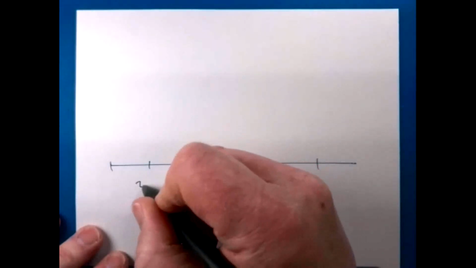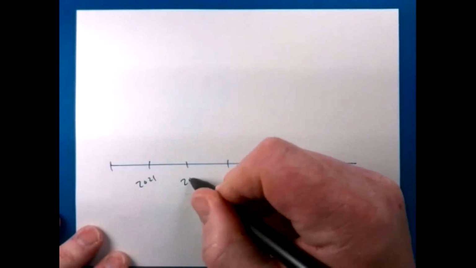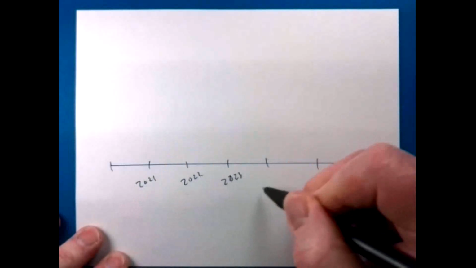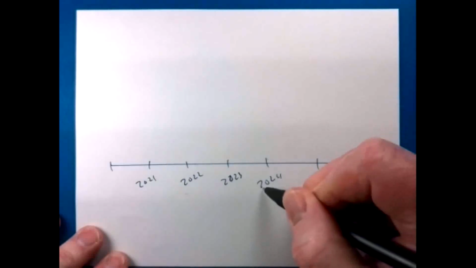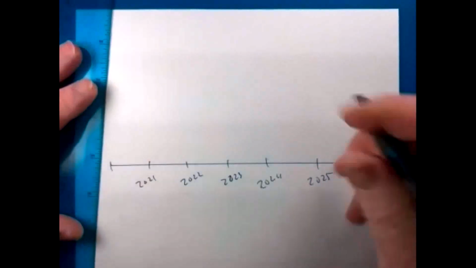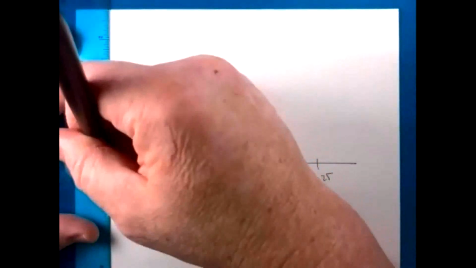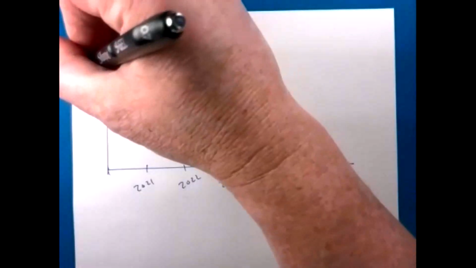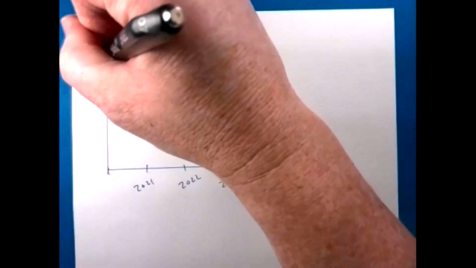So this will be 2021, 2022. It's sort of like this. This thing starts out at 32,000. This is the book value.